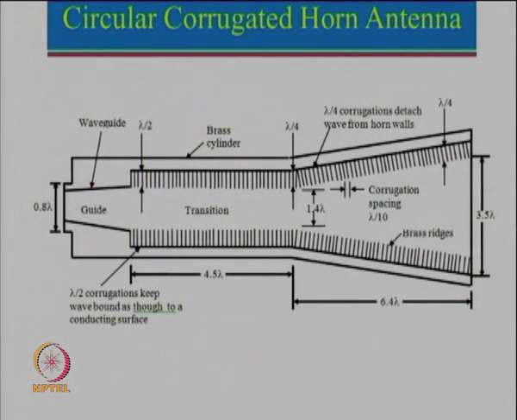with corrugated horn antenna. I had shown you this picture in the last lecture. Now I will elaborate upon that. What we see over here is the point where things are getting launched. You can see here, this is the waveguide, and then you see all these teeth here, a number of teeth, and you can see that the total length is very large compared to the diameter, which really gives rise to very little phase error.